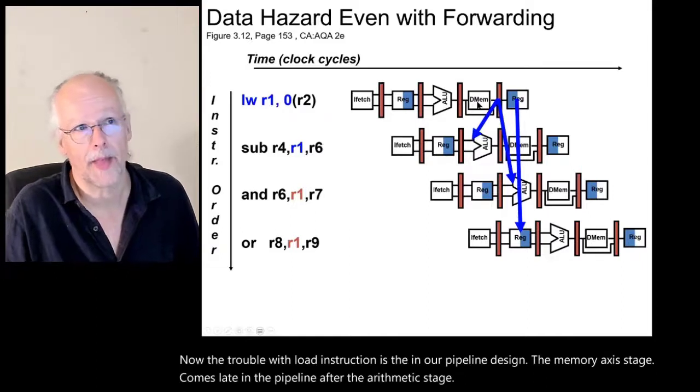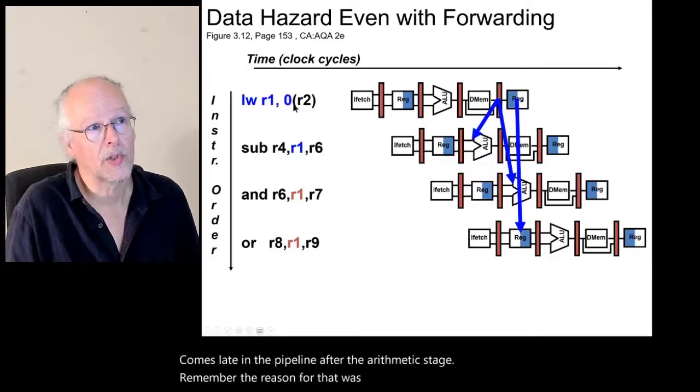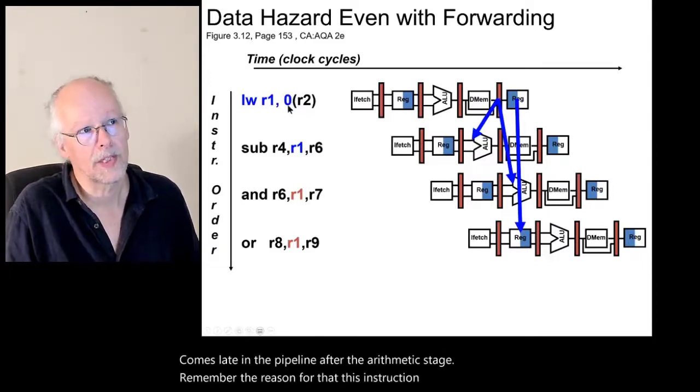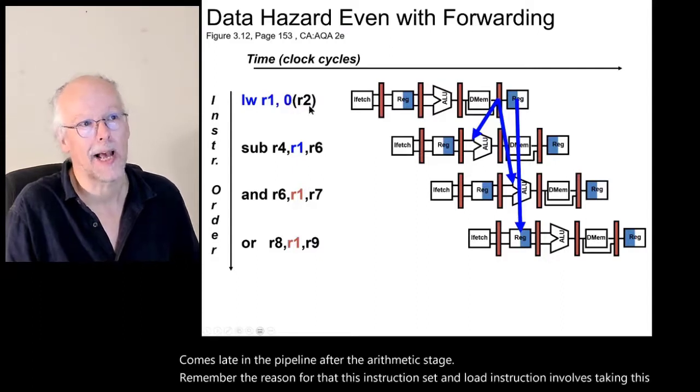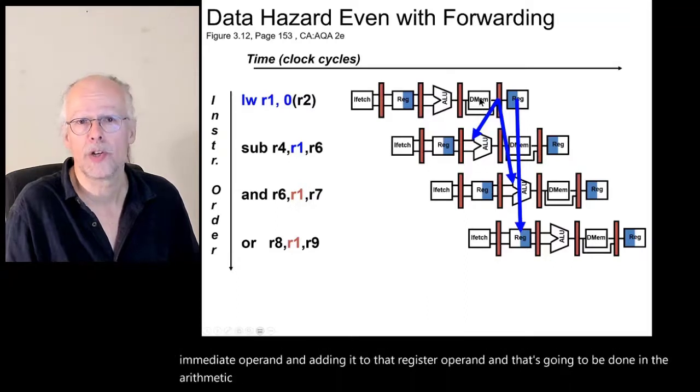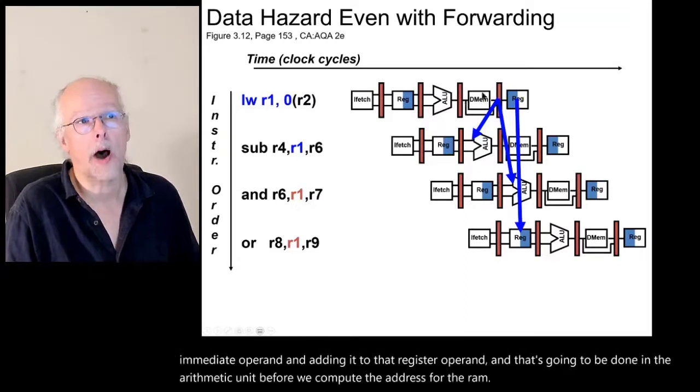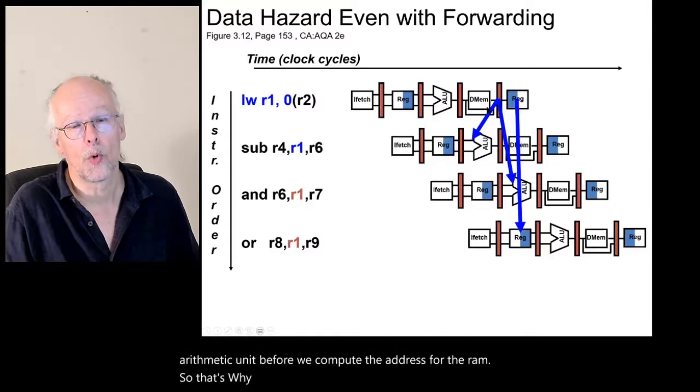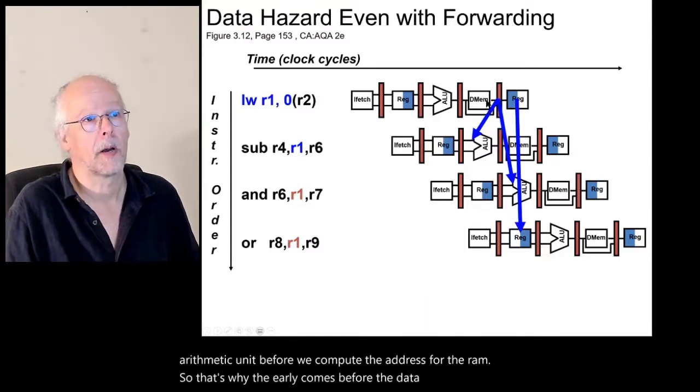You remember the reason for that was that this instruction set, a load instruction, involves taking this immediate operand and adding it to that register operand, and that's going to be done in the arithmetic unit before we compute the address for the RAM. So that's why the ALU comes before the data memory in our pipeline.